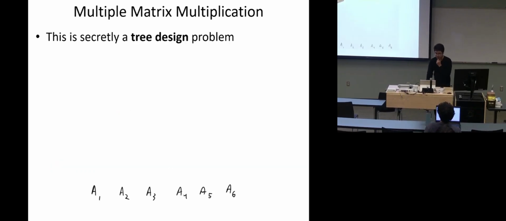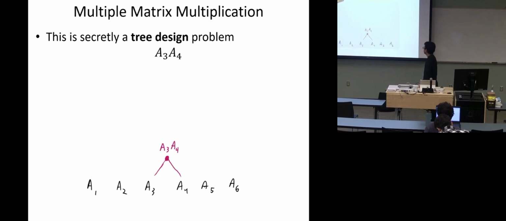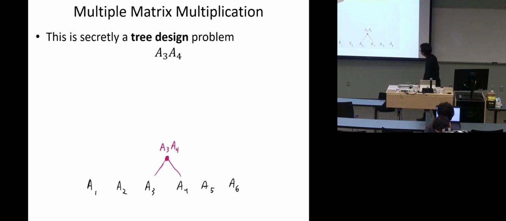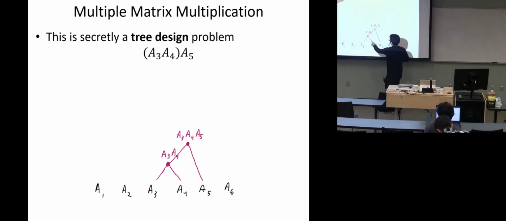This problem is secretly a tree design problem. Let's say you have 6 matrices. You can decide which one to multiply first, it might be between A3 and A4, and then you need to decide which to multiply next, perhaps multiplying that result with this one.